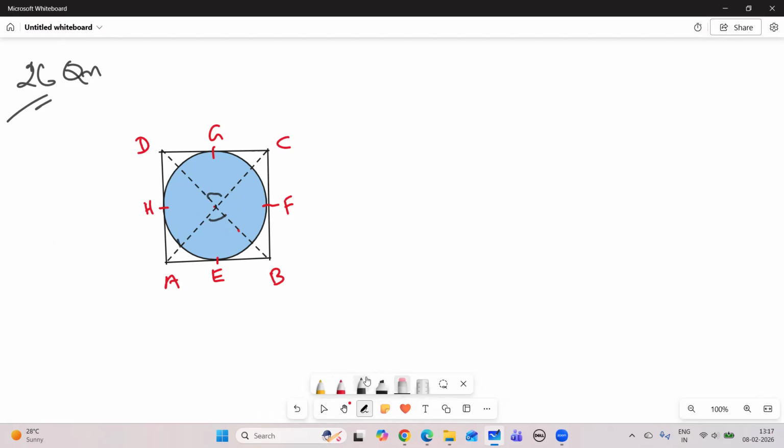So what we do is we'll join these two points of contact. I am assuming capital E is the point of contact of this tangent with this circle.